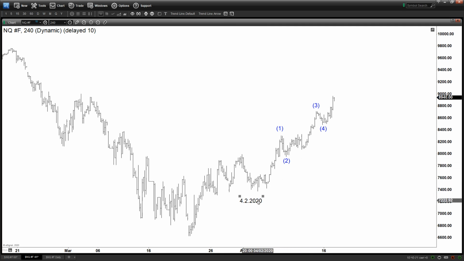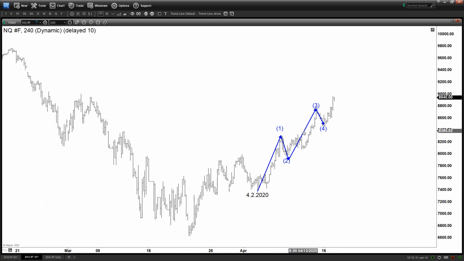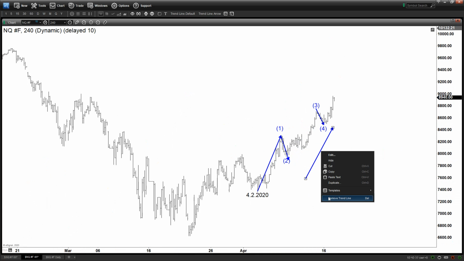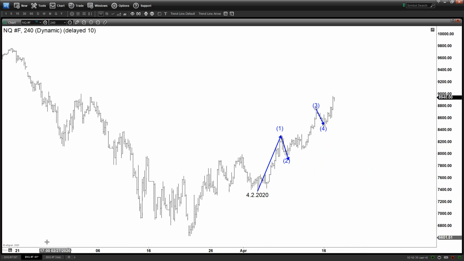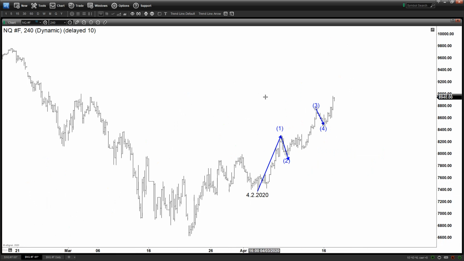So from April the 2nd, we have what looks like an impulsive move. 1, 2, 3, 4, and then this 3 is where we can see the subdivision right here. That is the subdivision, and we should be looking for wave 5 right now. I'm sorry, this is the 1 and 2 here.